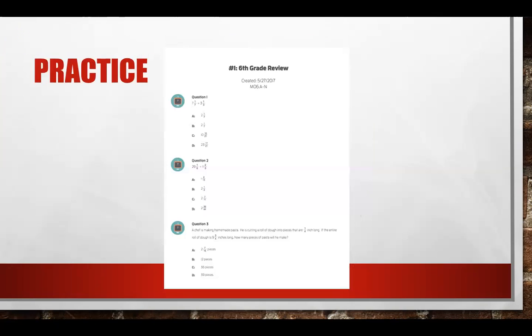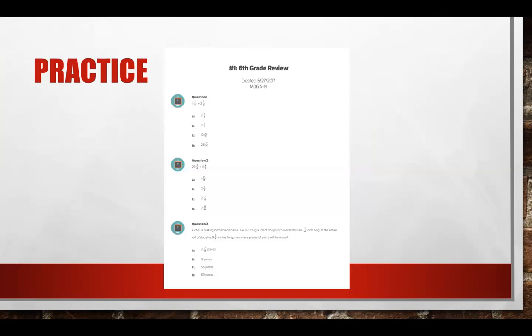All right, so let's do some review. Question 1 says 7 1/7 divided by 3 1/3. So first, I know I need to practice the concept of changing the mixed number into a fraction.